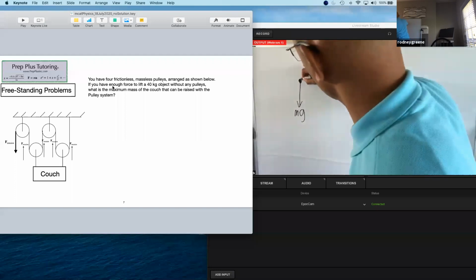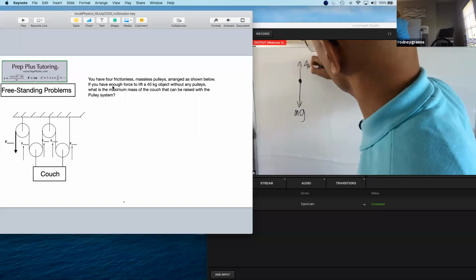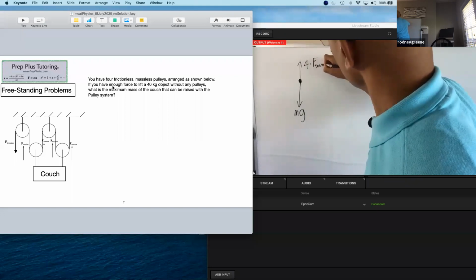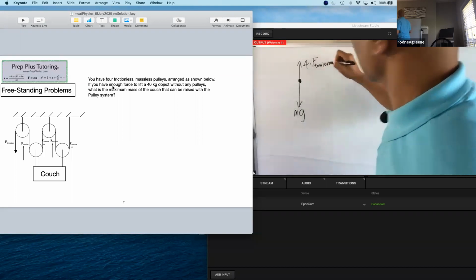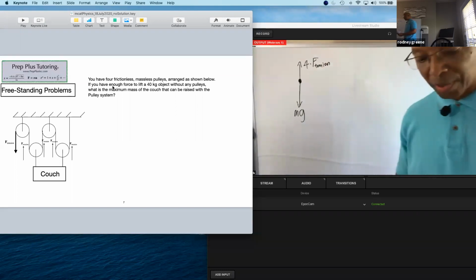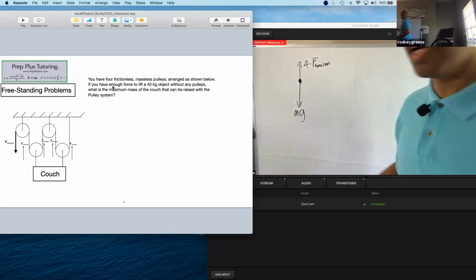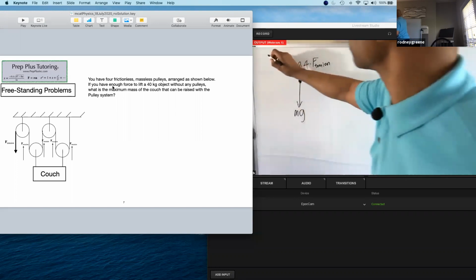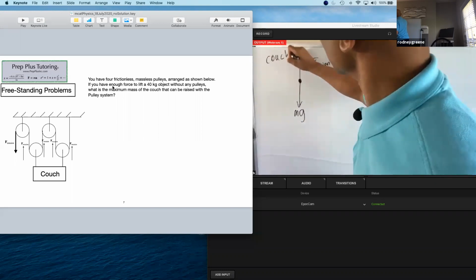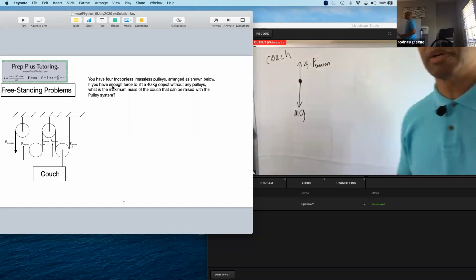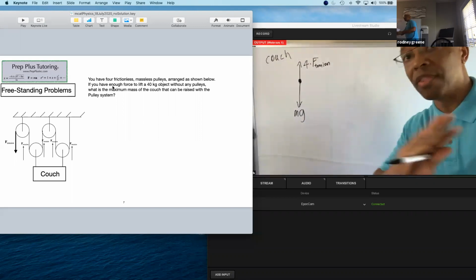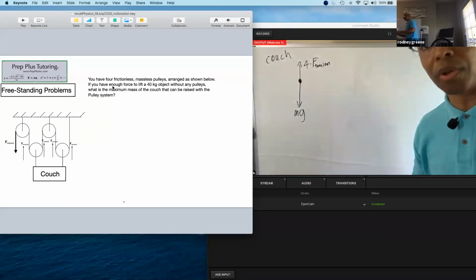So that's 4 times the force due to tension. Okay, so that's my free body diagram. Gravity going down on the couch, and the tension of the ropes pulling up on the couch. That's it. No other funny business.